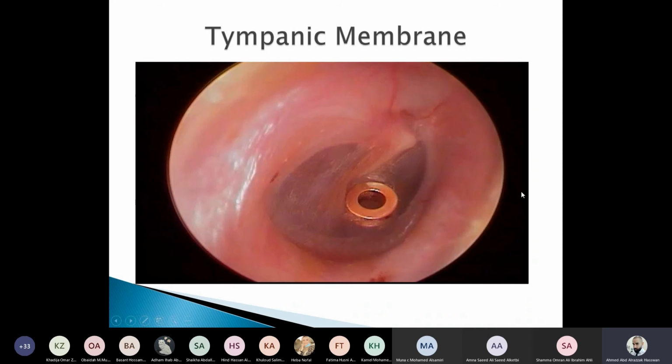Okay, guys, how about this one? What can you see here? There is a foreign object. Thank you, Abdurrahman. So what do you think this foreign object is? Foreign body, yes. A ring, okay.